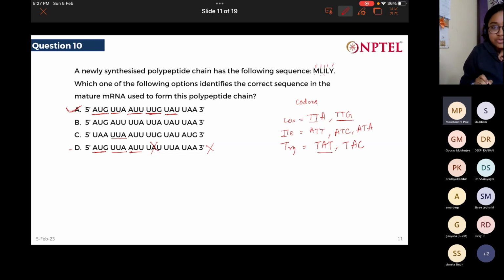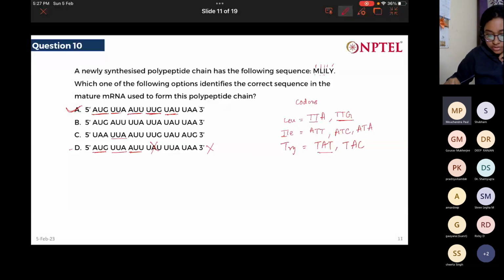And you would have a stop codon, but the stop codon will not come in your polypeptide sequence. It gives the signal that the protein synthesis has to be stopped. So the correct answer is A here.